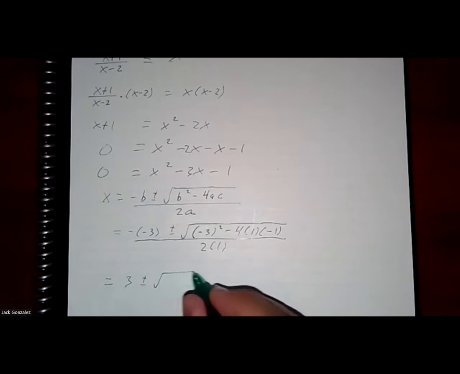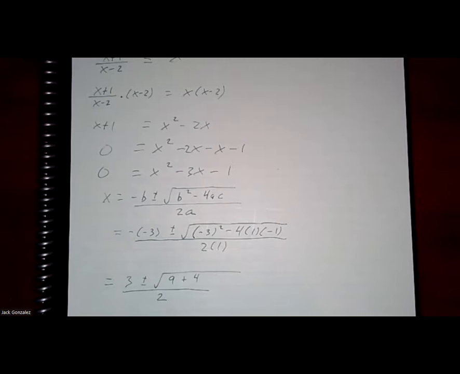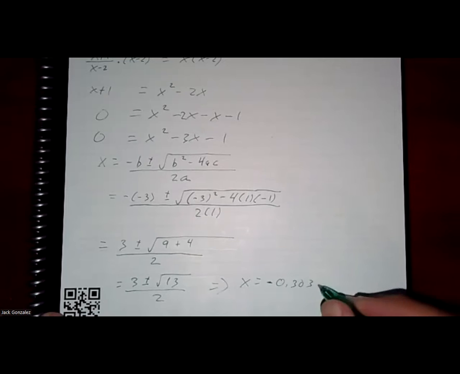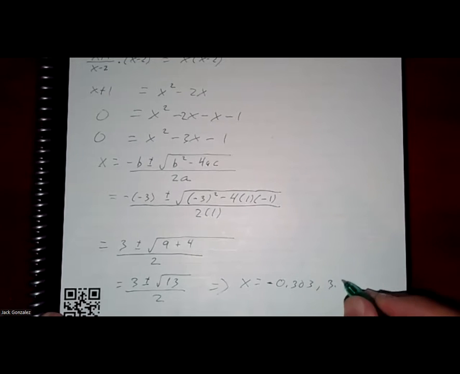So negative negative 3 is a positive 3, plus or minus the square root of 9 minus 4 times negative 1, that would be plus 4, over 2, which is 3 plus or minus the square root of 13 over 2. You're going to have to punch this into your calculator: x equals negative 0.303 and 3.303.